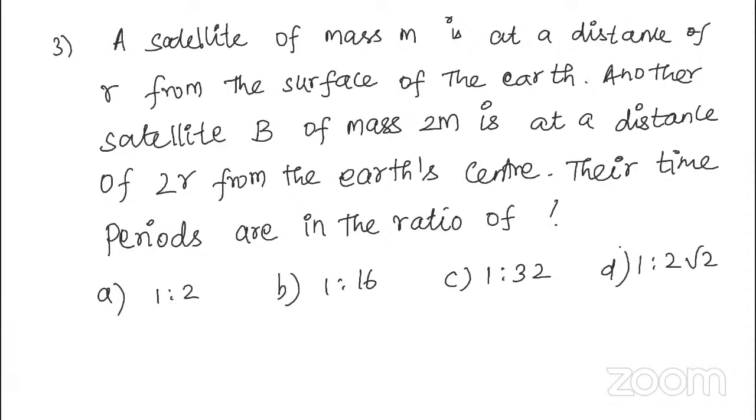So here we noticed that your satellite A of mass m is at a distance r from the surface of the earth, and another satellite B of mass 2m is at a distance 2r from the earth's center.